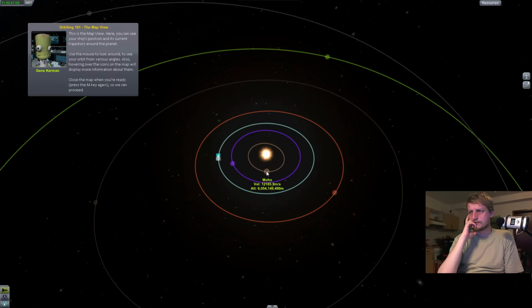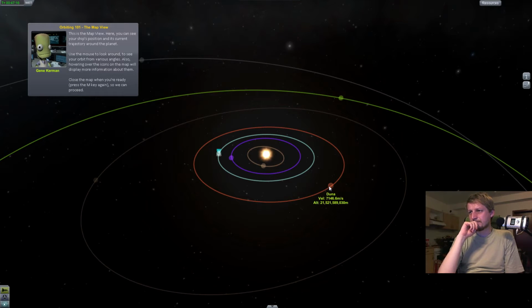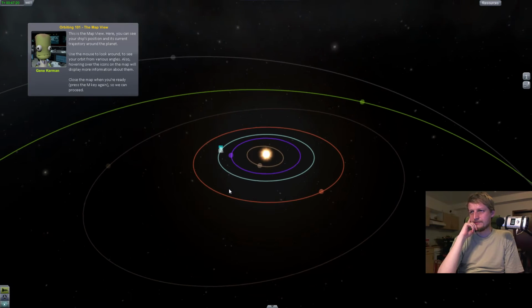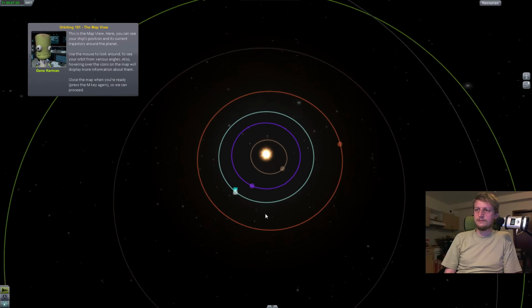So Moho is Mercury, Eve is Venus. Duna, like Dune, the desert planet where we can mine spice. The spice must flow. First mission is to Duna. Our first interplanetary mission. Maybe not, maybe we will first go to Eve and Moho. I don't know.